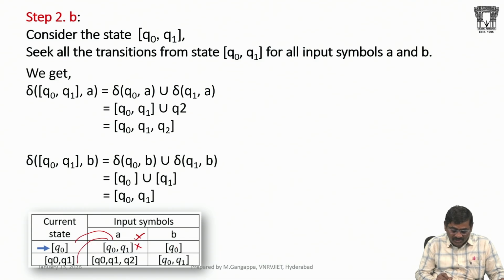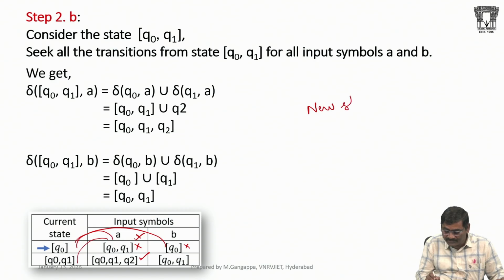Come to the next one. Q0 is similar to Q0 in the current state, therefore this is not a new state. Come to the next one, Q0 Q1 Q2, compared to the Q0. This is a different one. Therefore here we got one different one, that is a new state.